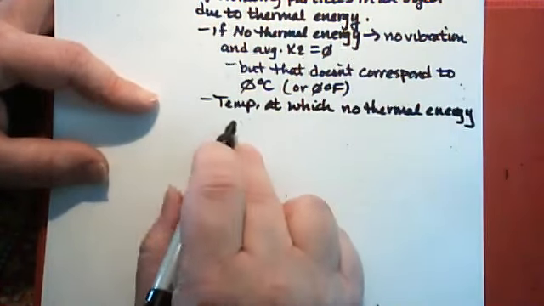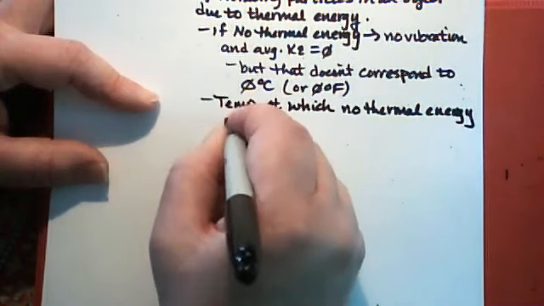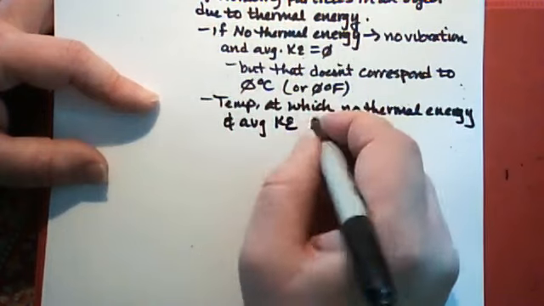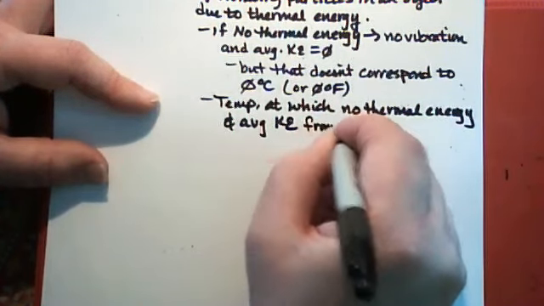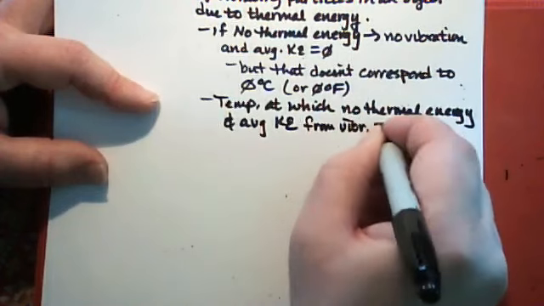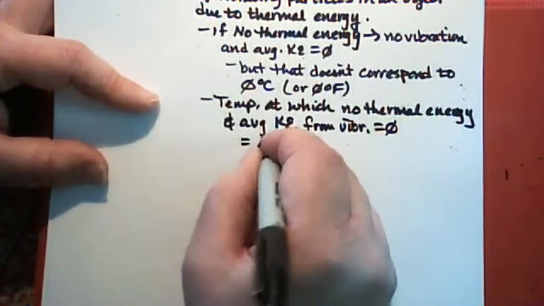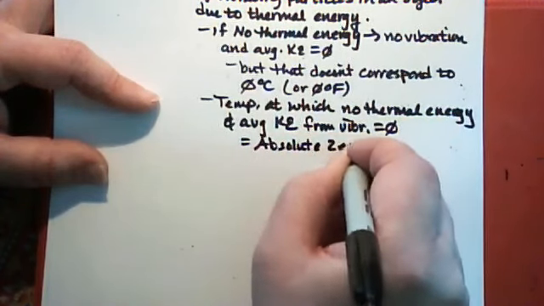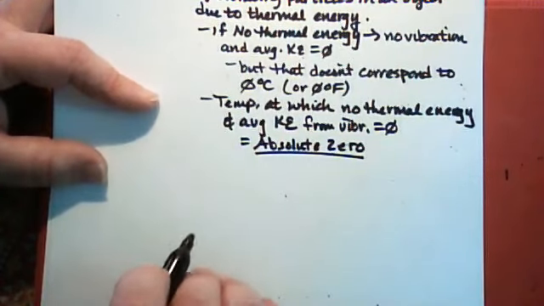So we have defined the temperature at which there is no thermal energy, and the average kinetic energy from vibrations equals 0, as absolute 0. So that's what absolute 0 is.